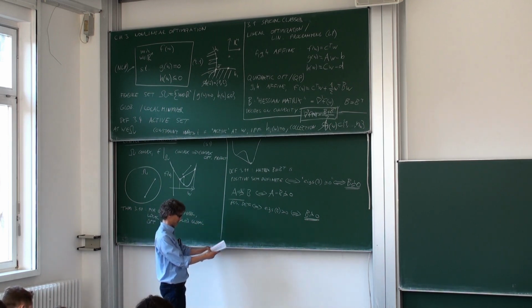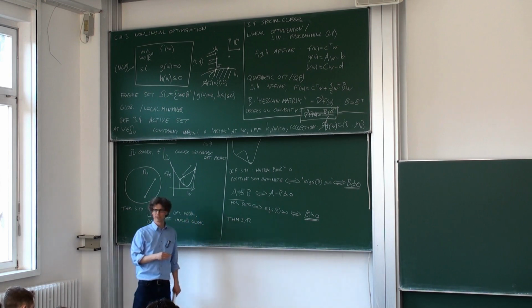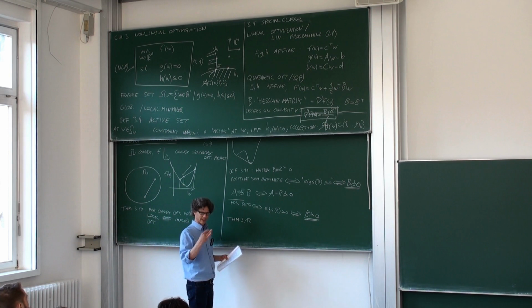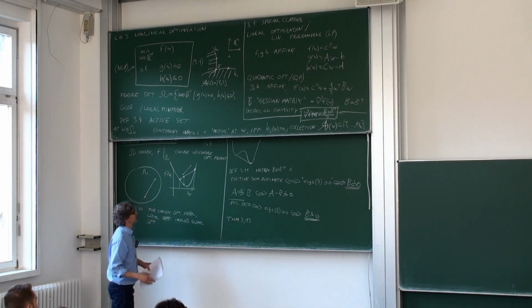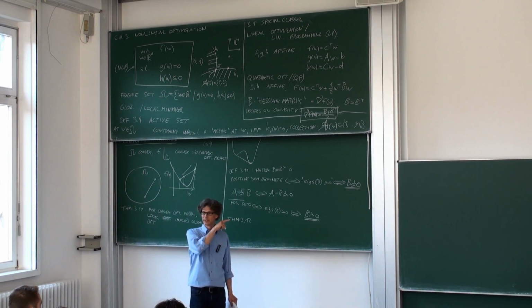Theorem 3.12 is the one that I think is most often used in order to prove convexity of functions. I mean, it's one of the possibilities, but if you have a function which is twice differentiable, then actually its Hessian matrix must be a positive semi-definite matrix, if and only if. Yeah?